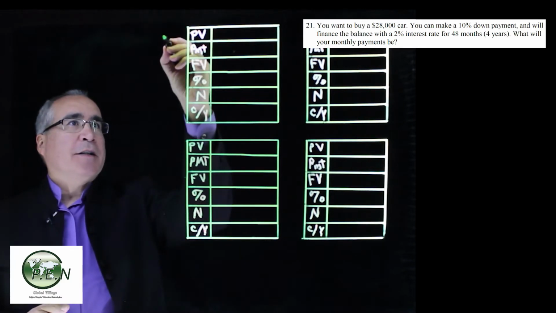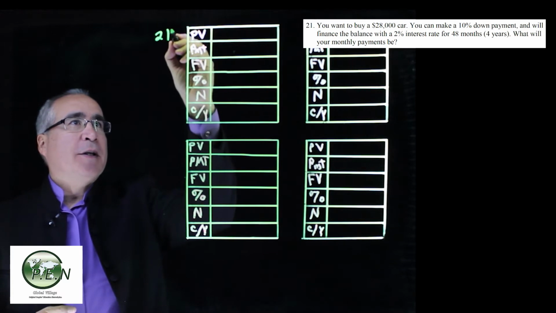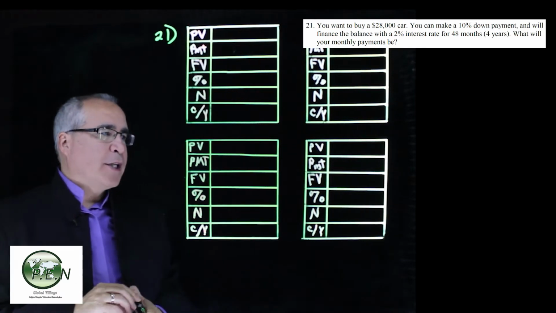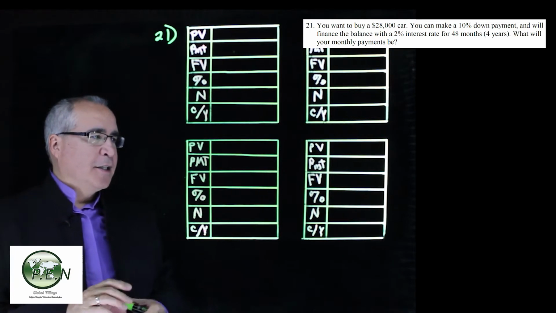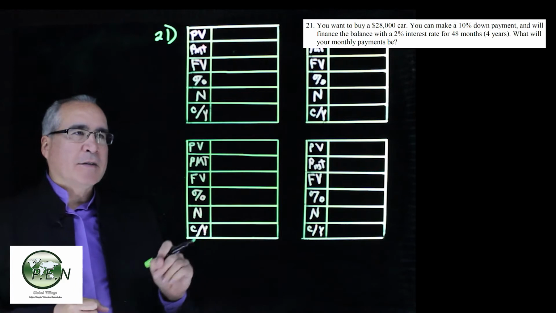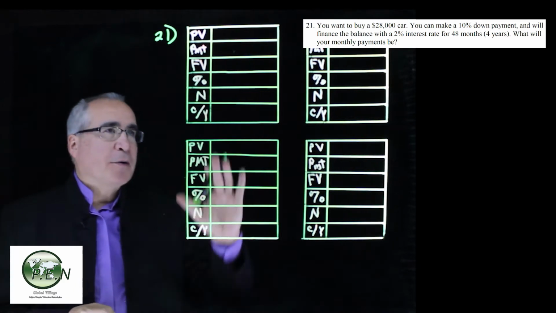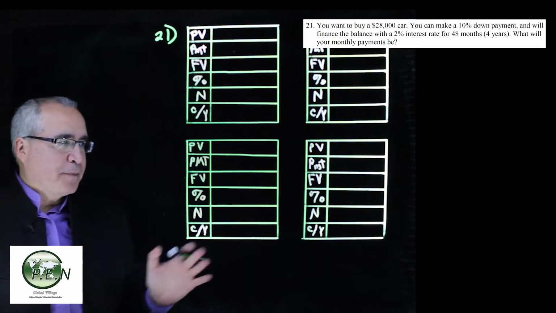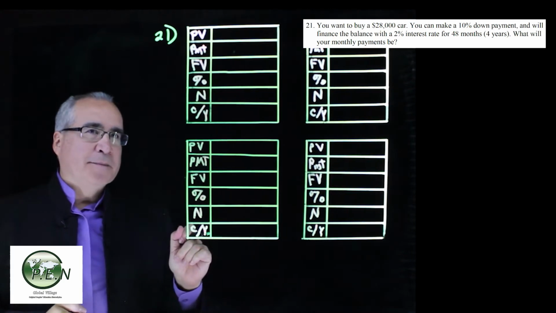So let's take a look at question number 21. We want to buy a $28,000 car. We can make a 10% down payment and we'll finance the balance. Before we start filling in our table, what we need to determine is how much we are going to borrow.